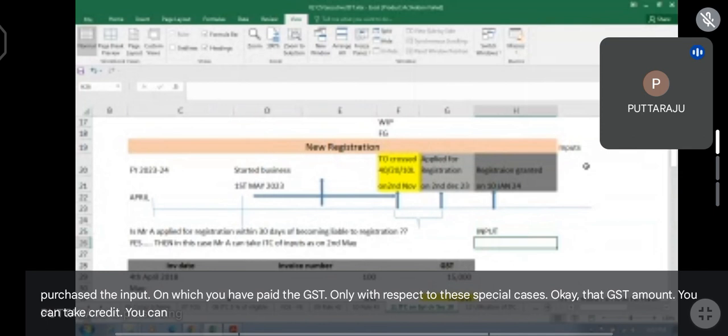You can take credit for a period of maximum 1 year.